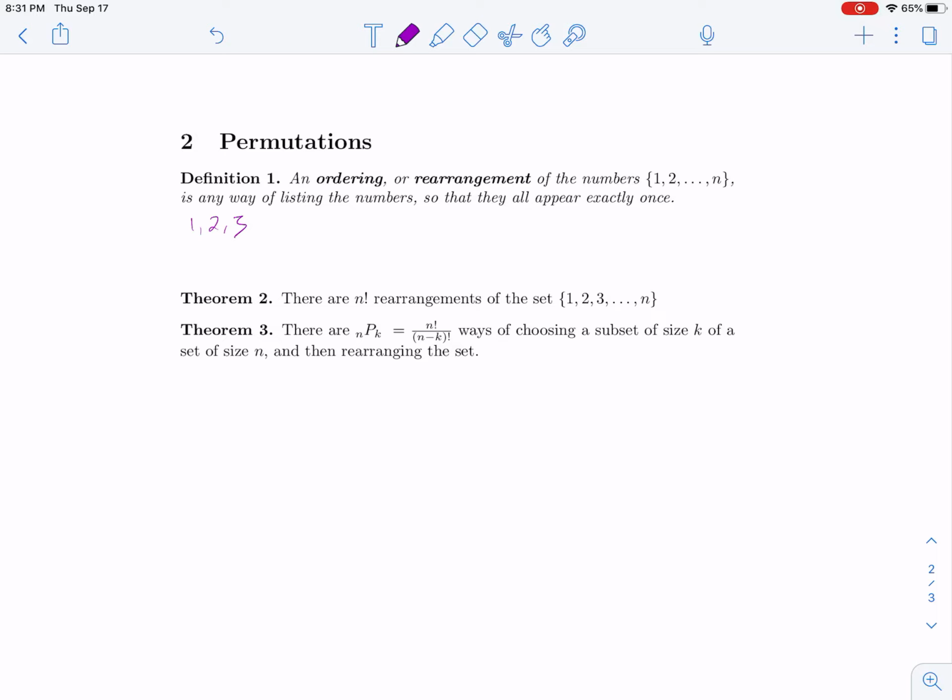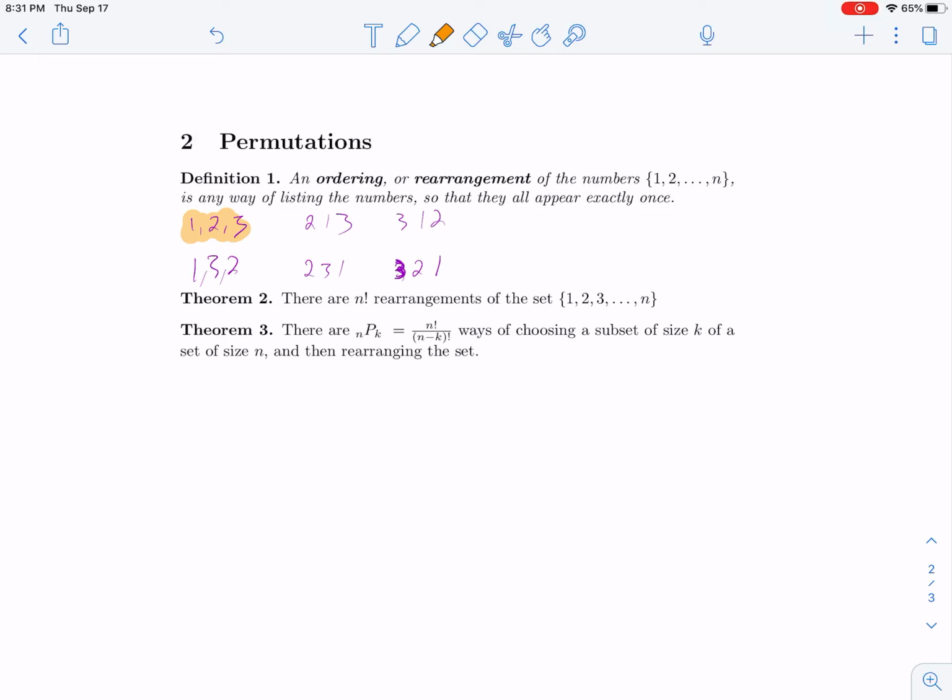Well, it's a listing of the numbers in any order so that they appear exactly once. So I can do this, I can do this. 2, 1, 3, 2, 3, 1. 3, 1, 2, 3, 2, 1. And these are all the rearrangements of this initial list.